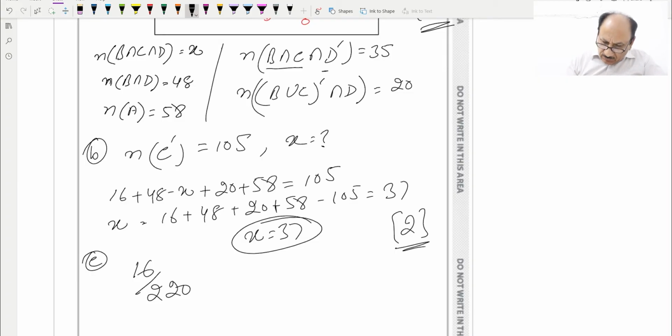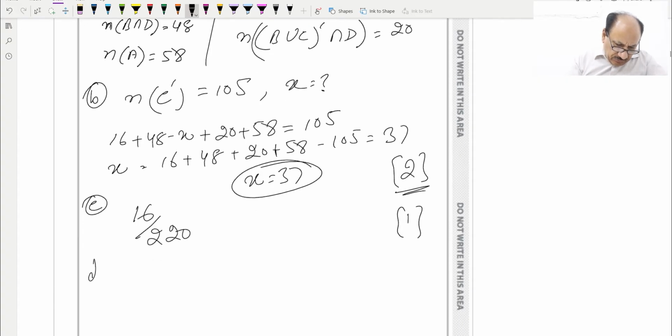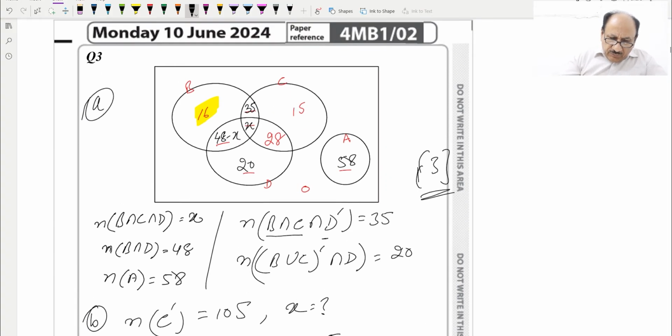This is a 1 mark part, and there is one more 1 mark part, the D part, which we have to find. Write the probability that this student studies chemistry but not bio. Chemistry but not bio will be this section.